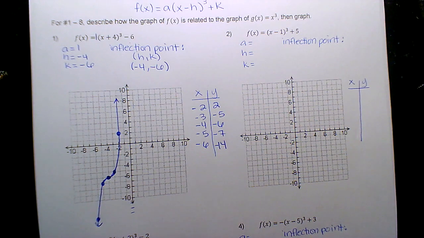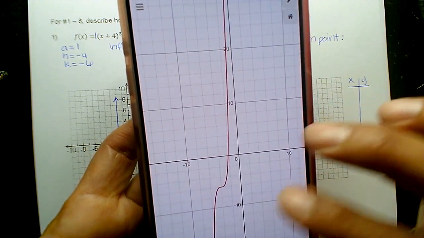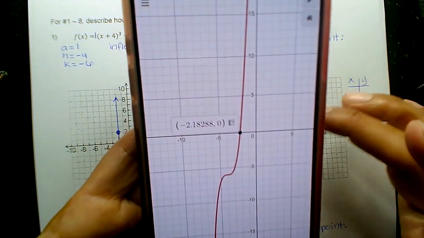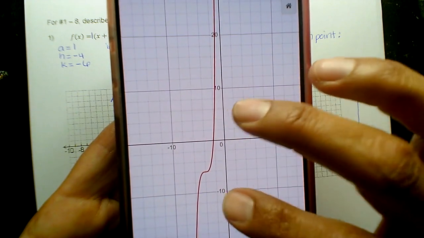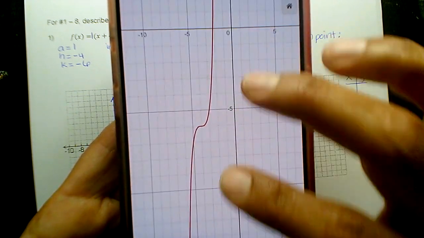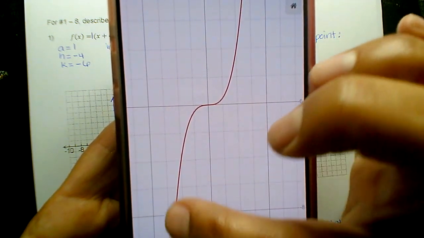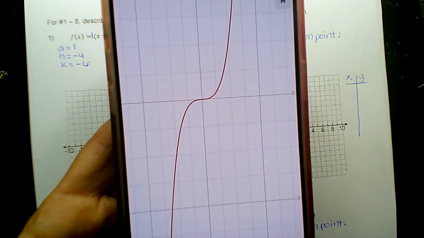Okay, and so if I look at my phone with Desmos, here, okay, your inflection point isn't going to show. Remember, it only shows your critical points as far as your intercepts, right? So see how it flattens out there? Because this is concave down, right? Here is concave down.